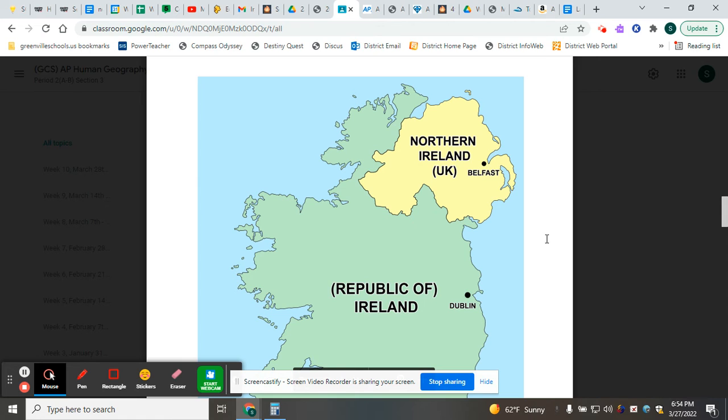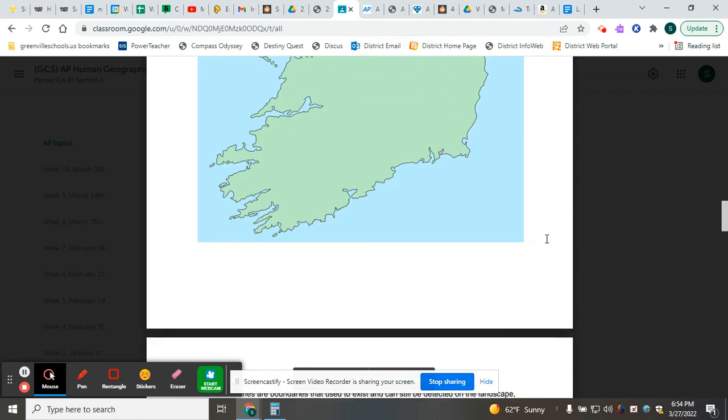Then there's Northern Ireland, which technically belongs to what we call the UK. Remember, the UK is England, Wales, Scotland, and Northern Ireland. Northern Ireland is not a part of the Republic of Ireland. Okay, it is part of instead the UK. So keep that in mind as a good example.